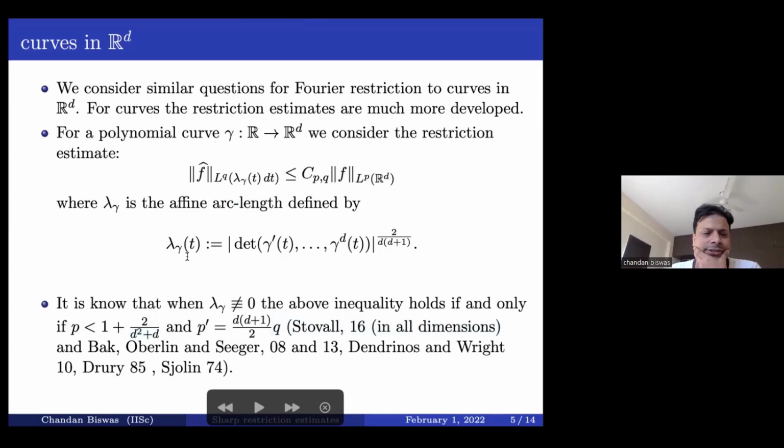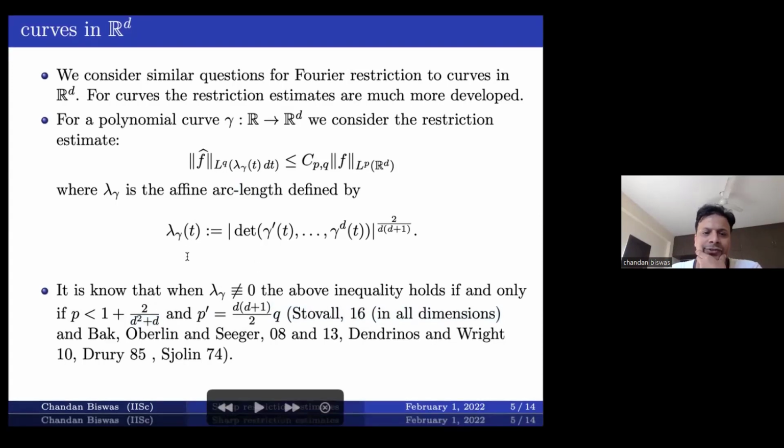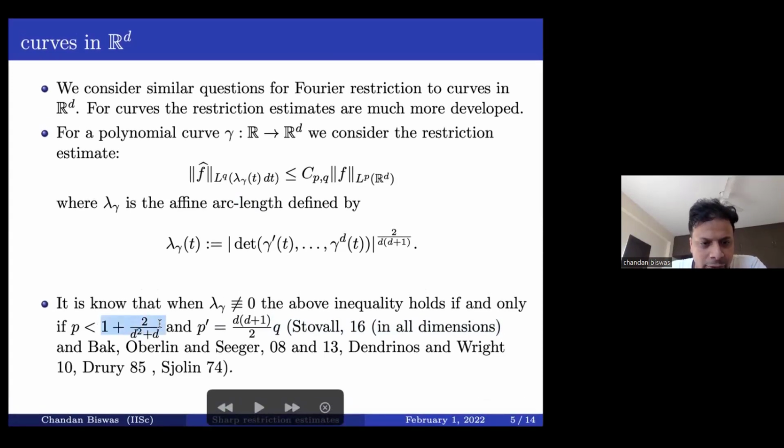Now, one thing to notice is that when d goes to infinity, we are getting close to the worst case. Even though for the paraboloid we are only losing, let's say, 1 over d in the exponents, we can do as much as 2 minus 1 over d. For the curved case, the best we could do is 1 plus 2 over d squared plus d.